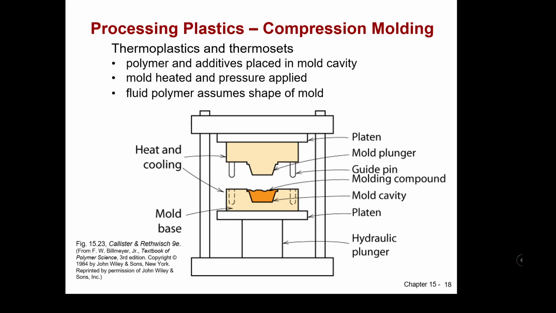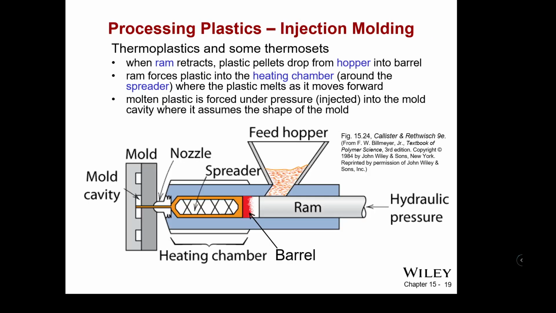Plastics are often compression molded. This is probably a large part of it, but injection molded is probably by far and away the largest of anything. So polymers are added into a mold cavity. The mold is heated, then it stamps it together. The fluid forms the shape of the mold.